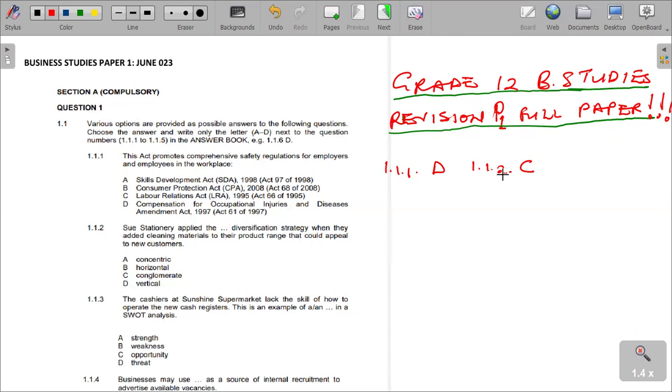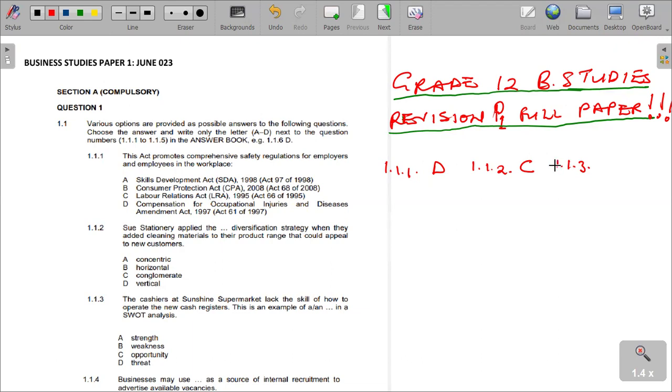which is a strategy whereby the business added materials to their product range that would appeal to new customers. So it is the conglomerate diversification strategy. Diversifying means a business is coming up with a new way of doing things so that it can increase its sales.